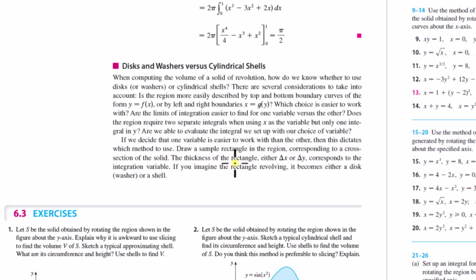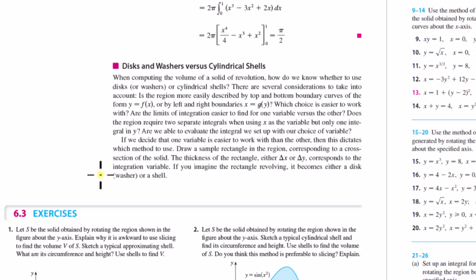The thickness of the rectangle, either delta x or delta y, corresponds to the integration variable. If you imagine the rectangle revolving, it becomes either a disk or a washer, or a shell. So what they're saying here is that you start the problem, and you're not even thinking about disks or washers or shells.